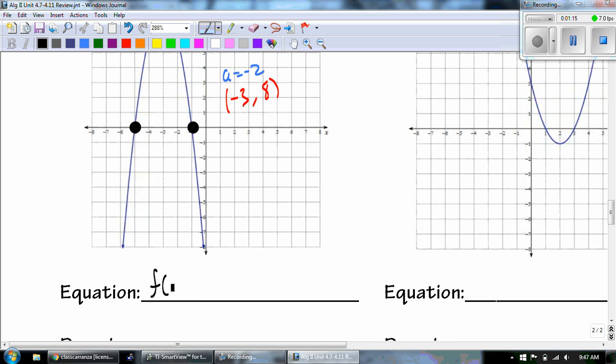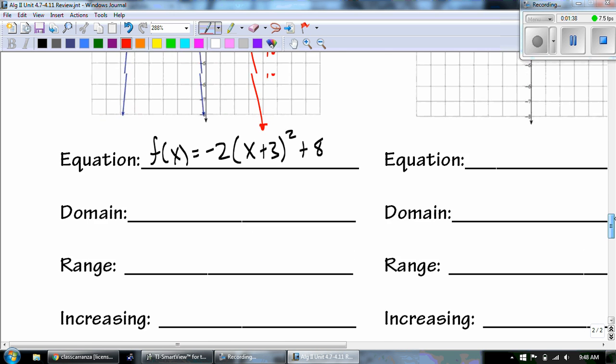Say it's f of x equals -2 (x plus 3) squared plus 8. Remember that when we're writing this, we take the opposite. Okay, so we have -2 (x plus 3) squared plus 8.